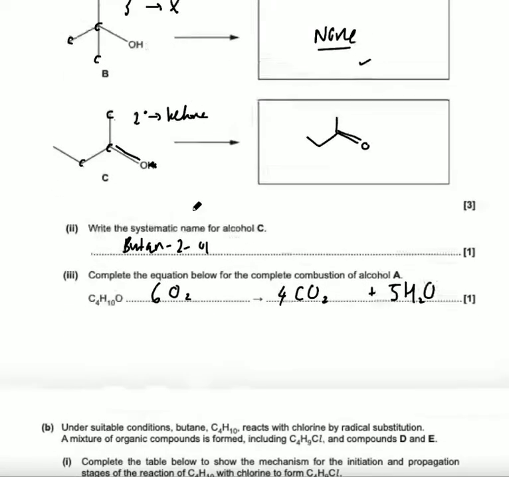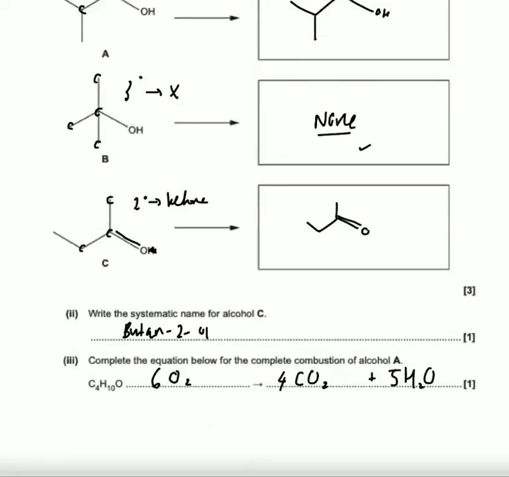Write the systematic name for alcohol C. Right, this is alcohol C. Just remove that. And remember, we have to take the longest carbon chain. So if we go 1, 2, 3, that's only 3. But if we go 1, 2, 3, 4, that's 4 carbons. However, we always have to have the smaller number attached to the alcohol.